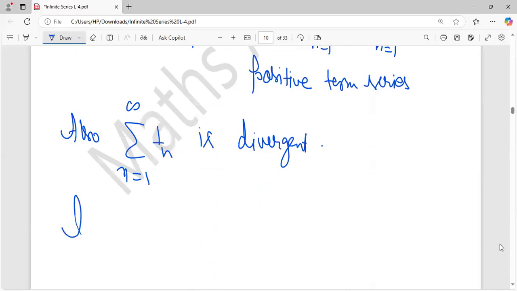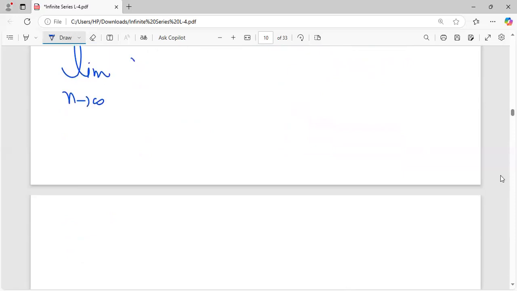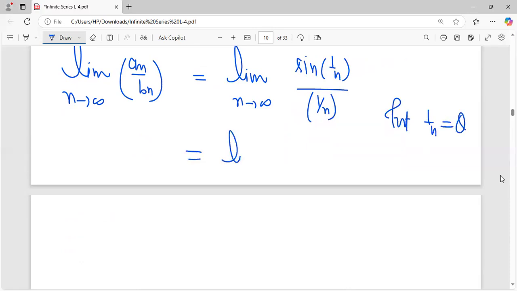Now what is the limit? Limit n tending to infinity an upon bn. What is this? This is limit n tending to infinity sine 1 upon n divided by 1 upon n. Okay. So put 1 upon n is equal to theta. Then this is limit theta tending to 0 sine theta upon theta. That is always 1. That is non-zero and 1 is finite.